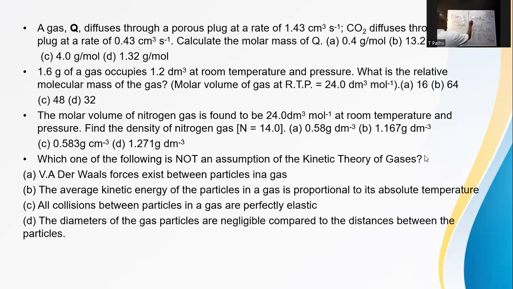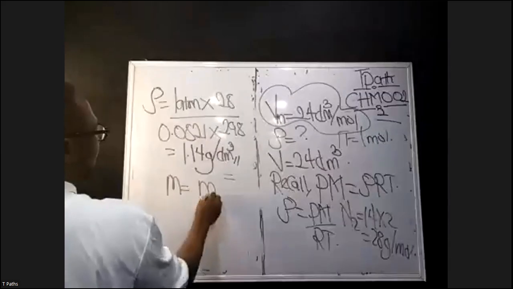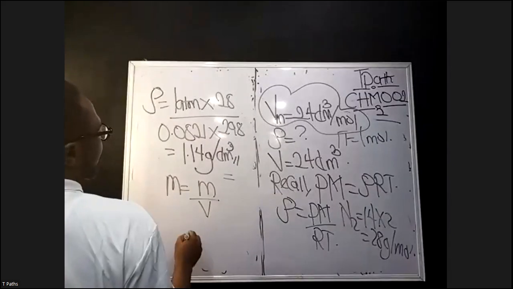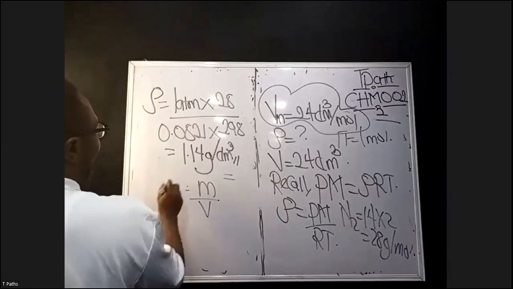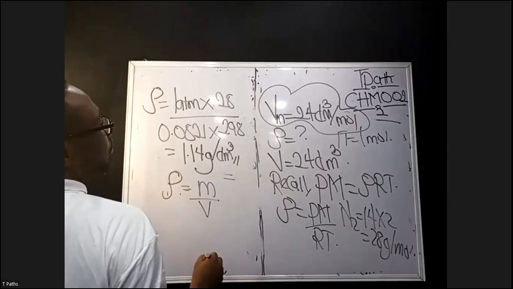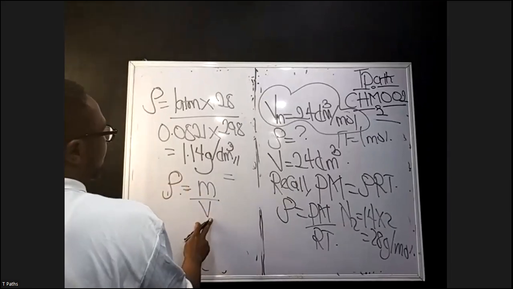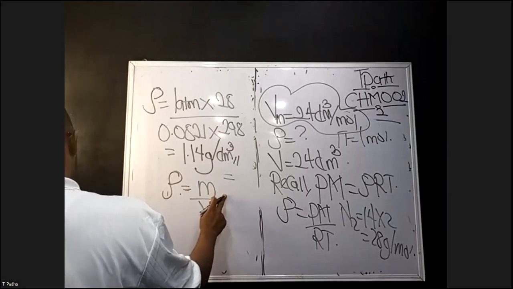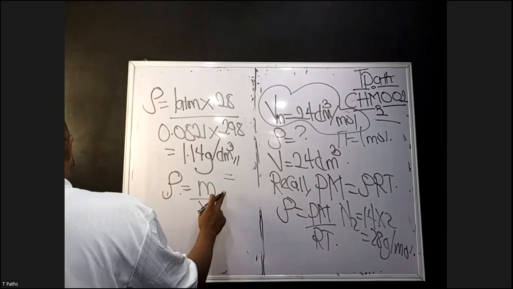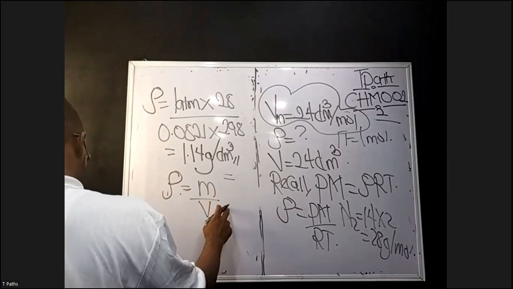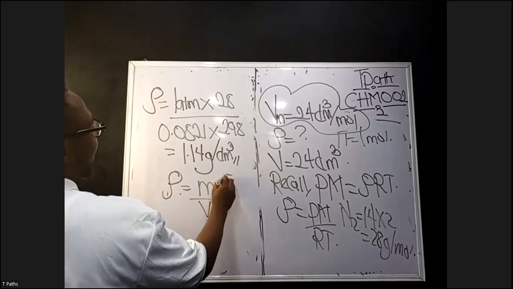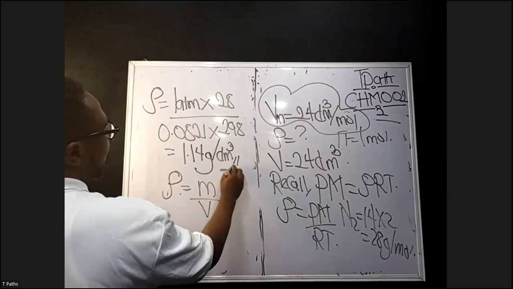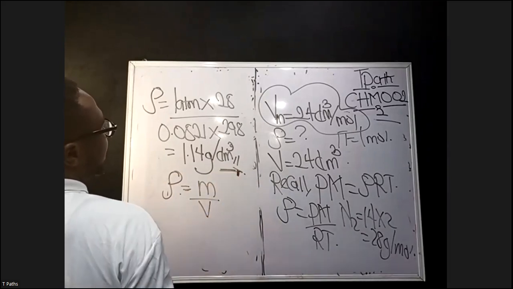I think they want us to use this parameter. But we know density is equal to mass over volume. They're not giving us volume per mole. We don't have mass. Or is that what they want? I believe this is the answer. This is the correct answer.